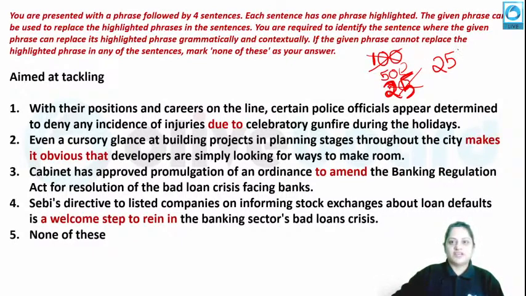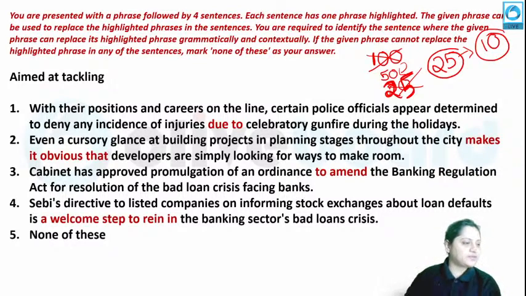Out of this also, in the exam, some people will make silly mistakes, some will leave reading comprehension. Again minus 15. How many remain? 10. So you have to compete with only 10.